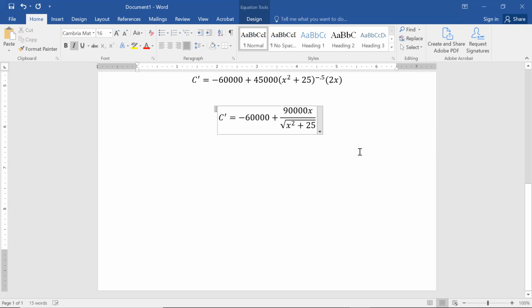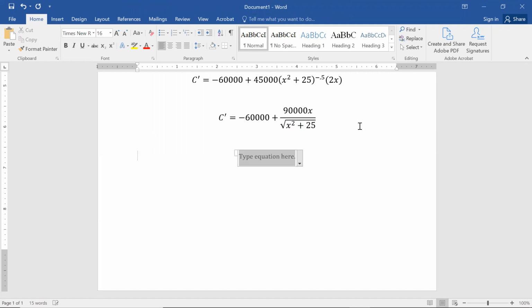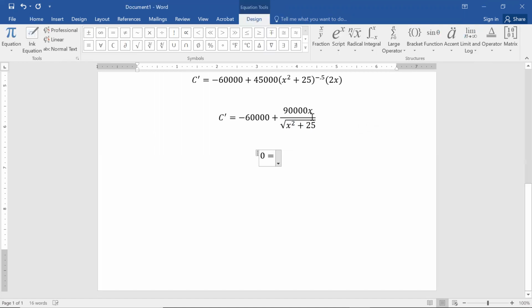Critical values happen when this is 0. Therefore, let's set 0 equal to this whole expression. At this point, we want to solve this equation so that we can get the critical value.